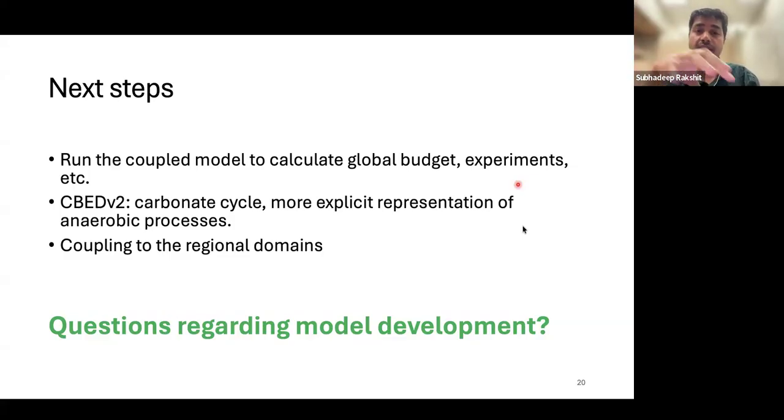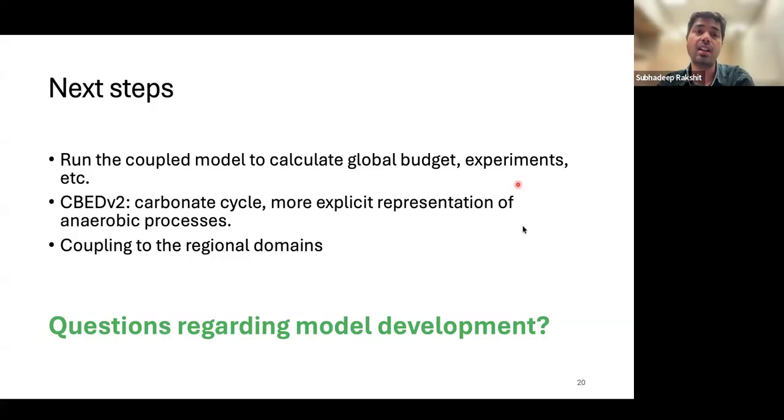So with this seabed model, we now have a much better, more mechanistic way of burying the organic carbon. So we can use that information to calculate the phosphate and silica benthic fluxes accordingly, and pass it back. So that's what we are doing right now.